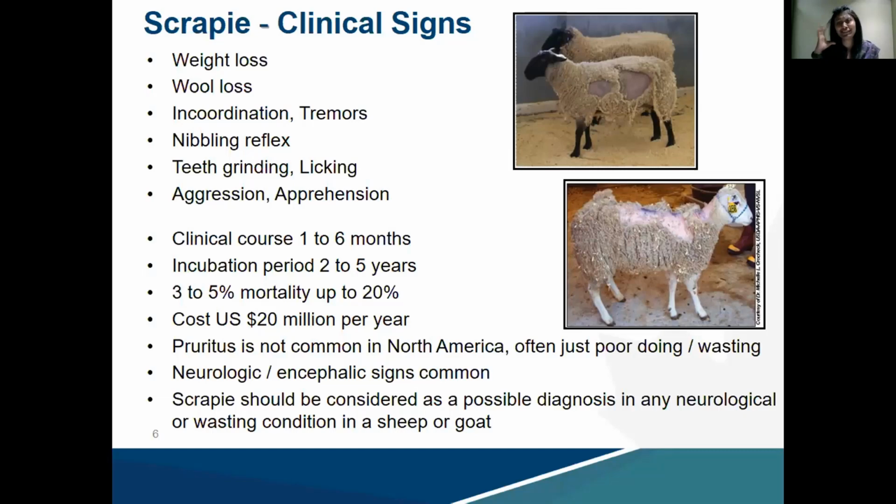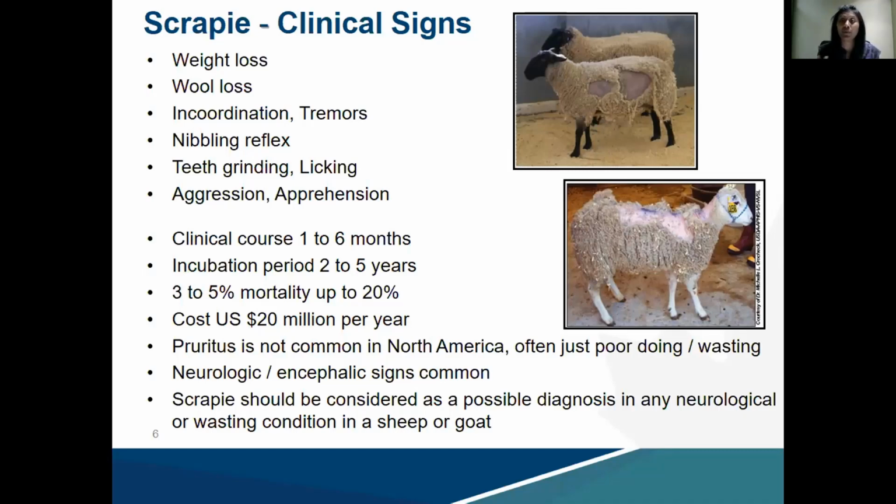So what can this look like? We see all these lists of clinical signs, and the challenge, because it has a long incubation period and can affect so many tissues, is that there isn't always a very specific set of signs where we can say that animal has Scrapie for sure. In Europe, there have been reports of pruritus, that classical itchiness associated with the name Scrapie.